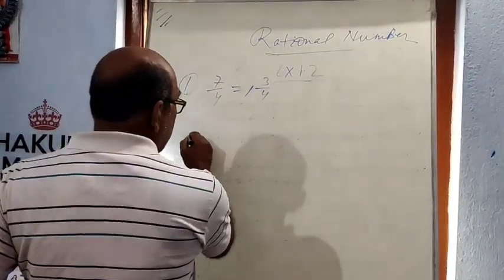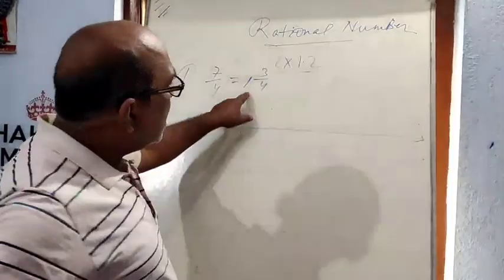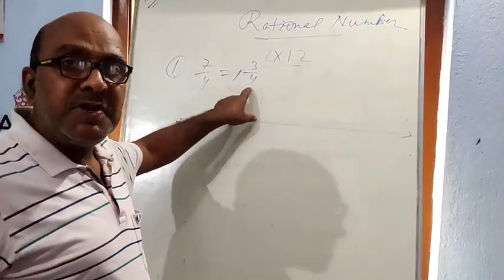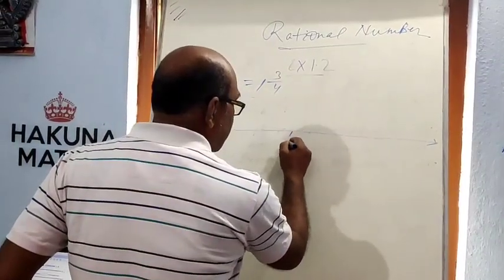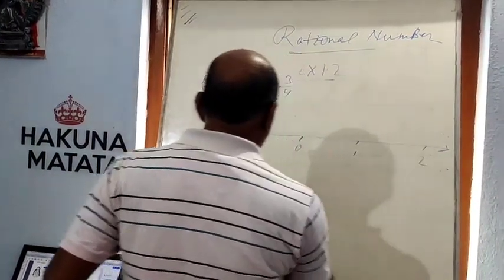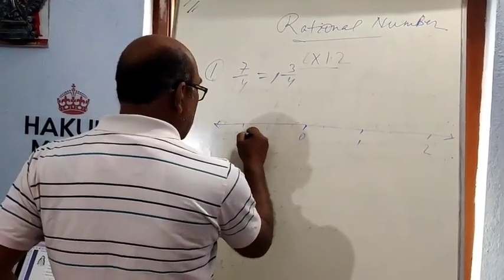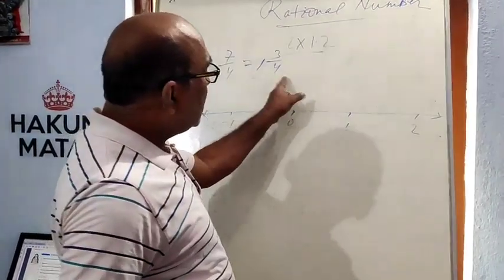Now first we draw the number line, and this number, one integer 3 by 4, lies between 1 and 2, and therefore we take the position like this: 0, 1, and this is 2, and this is -1. Now one integer 3 by 4, this is 1 and 3 by 4.